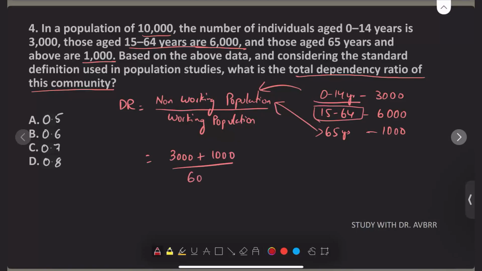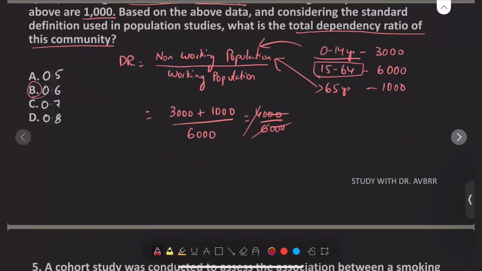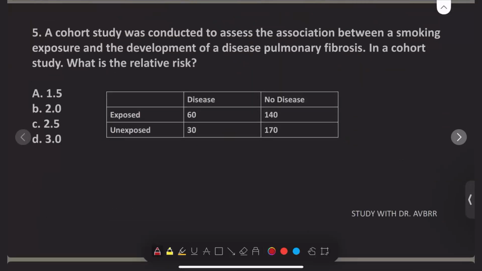So 6000. 4000 by 6000. If you do the math, you will get the answer 0.6. Use a calculator, guys, don't waste your time.